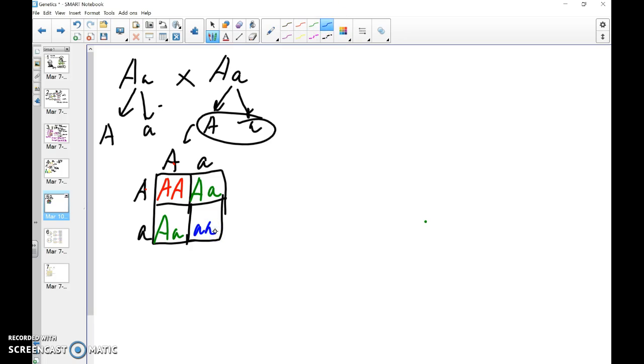Now, this is great. Now we have a tool that gives us all the possible combinations. But what we don't have yet is a way to interpret this. So what we're going to do most frequently is we're just going to look at out of 4, how many are each. So big A big A is 1 out of 4. Big A little a is 2 out of 4, which can be reduced to 1/2.